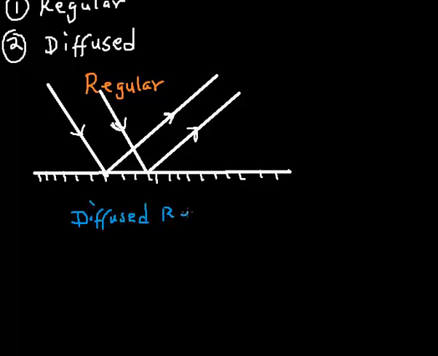Now, diffused reflection occurs on a rough surface. For example, let's look at a surface that is rough.